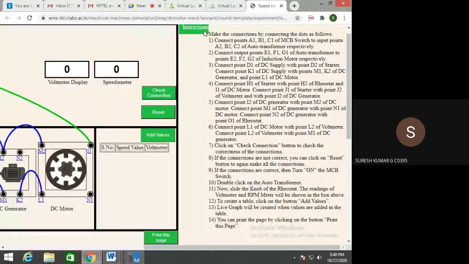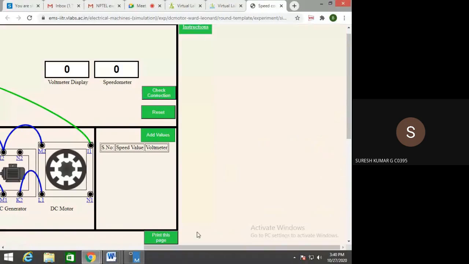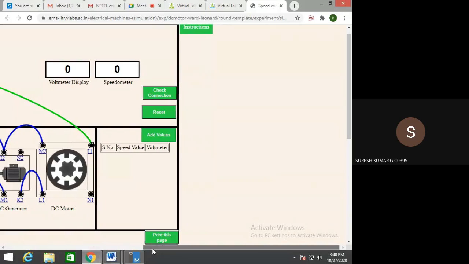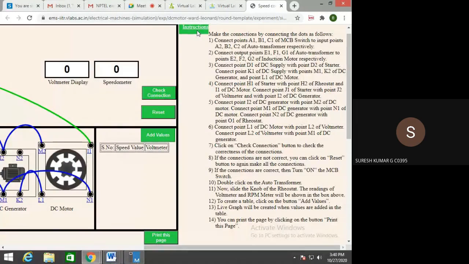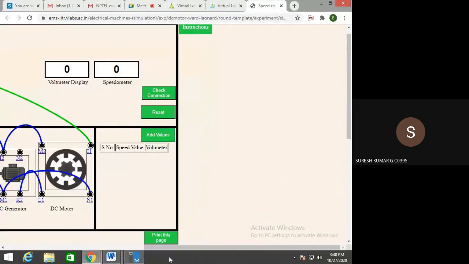M1 of the DC generator with N1 of the DC motor. M1 to N1. N2 with O1 of the rheostat.